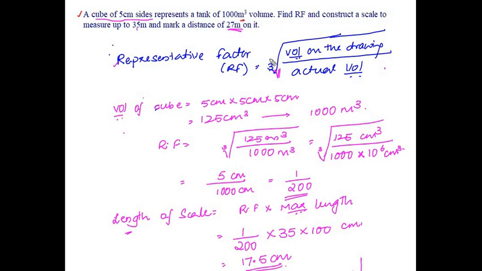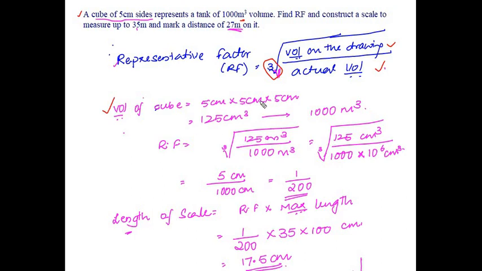So now first we will find the RF. So here you can see representative factor. When it is given in terms of volume, we will take the cube root. So cube root of volume on the drawing by actual volume. So volume on drawing is the volume of the cube, and actual volume is 1000 meter cube. So I am here calculating the volume of the cube.